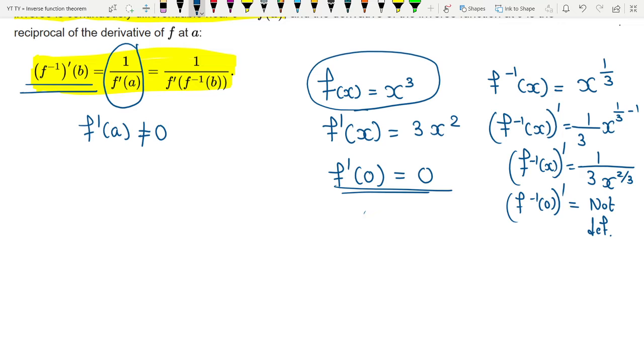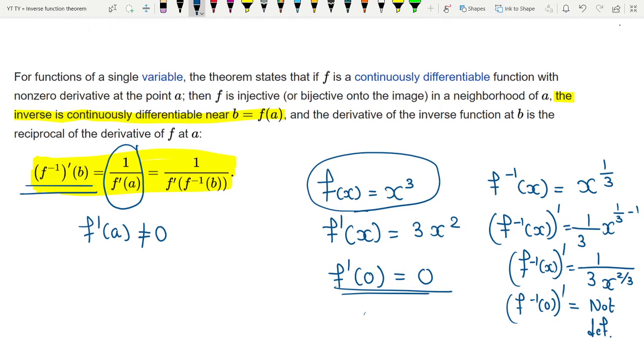If the derivative is not equal to 0, it will exist. If the derivative is equal to 0, then the inverse, if it is existing, will not have the derivative at that point. This is the main idea behind the inverse function theorem, right? So what we understood is that the inverse function theorem requires your function to be continuously differentiable. It should have a non-zero derivative at that point.